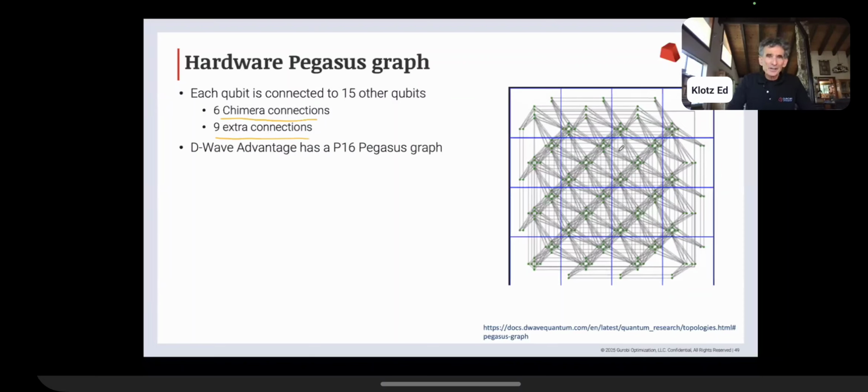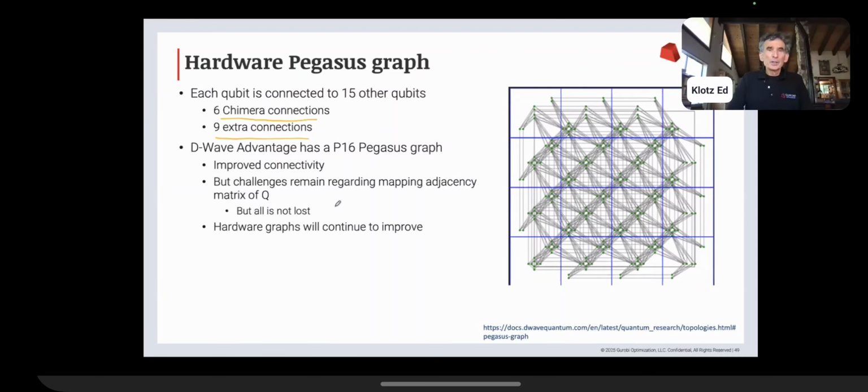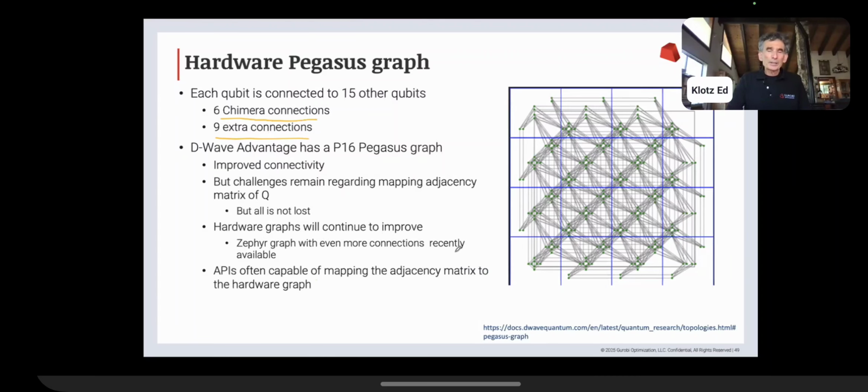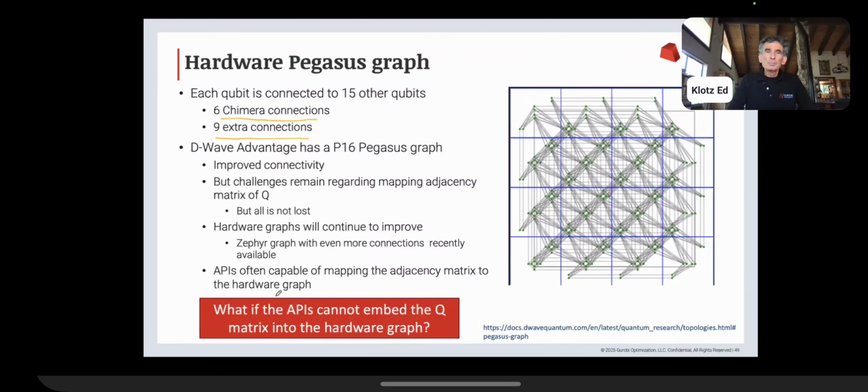So this is an advancement that improves the connectivity, but the challenges remain. The graphs will continue to improve. They now have a Zephyr graph, which is even more connected. And the APIs are capable of doing some mapping work to the hardware graph. But you still have these situations where the APIs are not enough to just rely on internally. What do you do then?